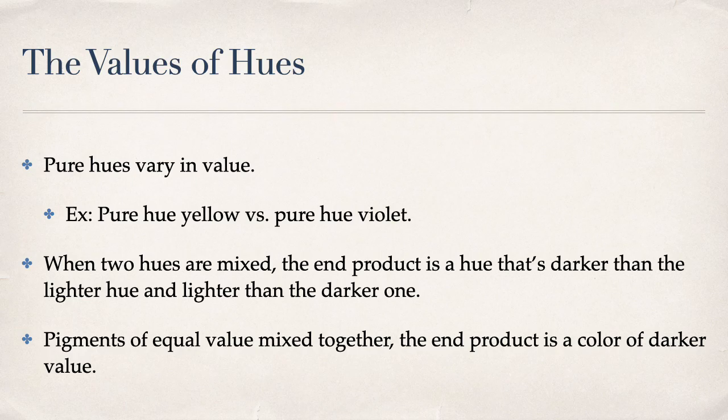Artists must recognize when hues are of the same value. So something to think about: the pure hue yellow is lighter than the pure hue violet. White or black is then added to make them an equal value.